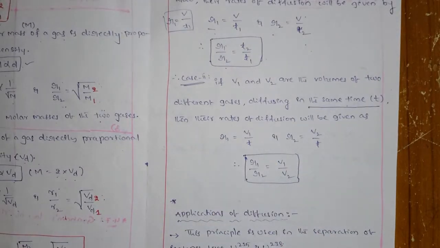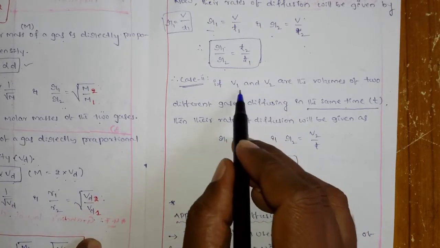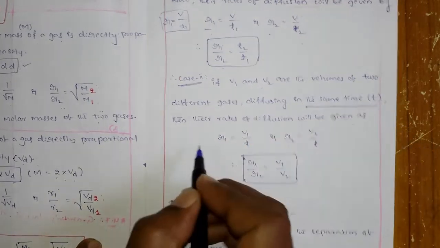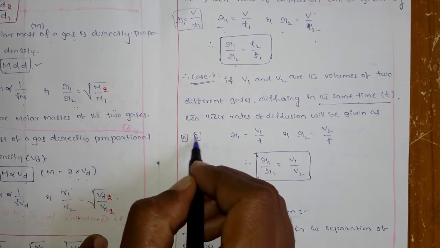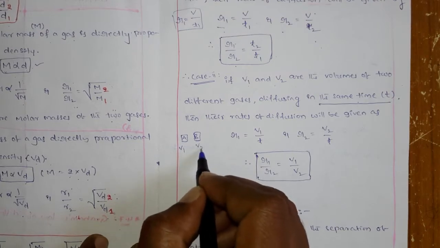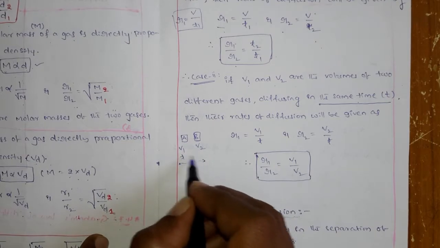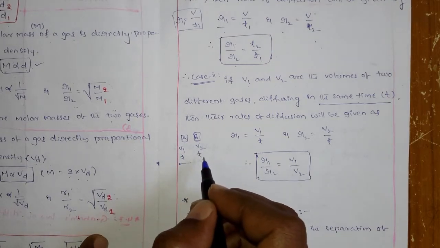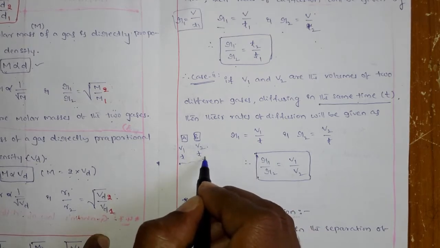Now come to the second case. Here the volumes are different. There are two gases A and B. The volume here is V1 and here it is V2, but the time traveled is the same, that is T. Both gases travel in the same time. Here the volume is different but the time is the same.